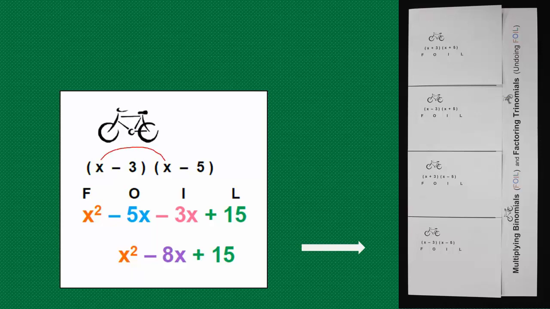First times first is x squared. Then we have the outsides of the whole problem, which is x times negative 5, and that is negative 5x.